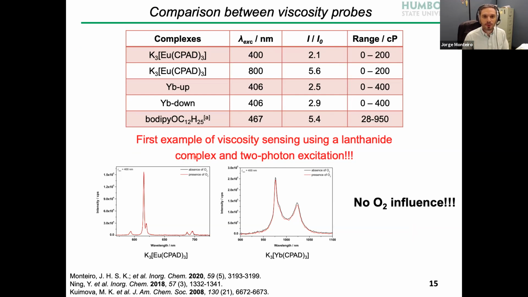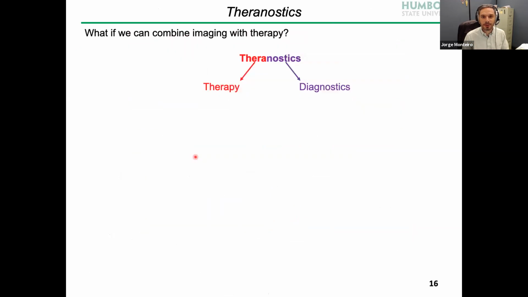Okay, so now that we have a little bit of time to spare, I would like to go in another direction and talk a little bit about theranostics. How cool would it be if we could combine in the same compound the imaging capability and therapy?